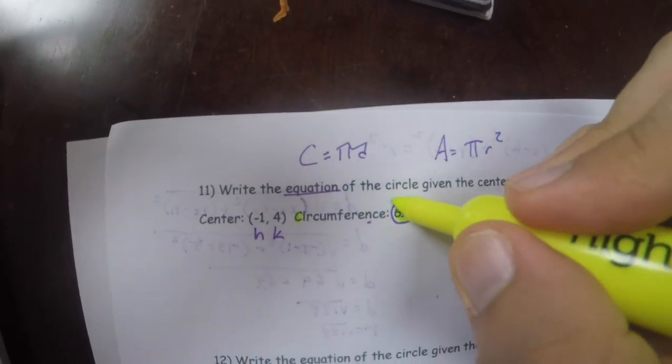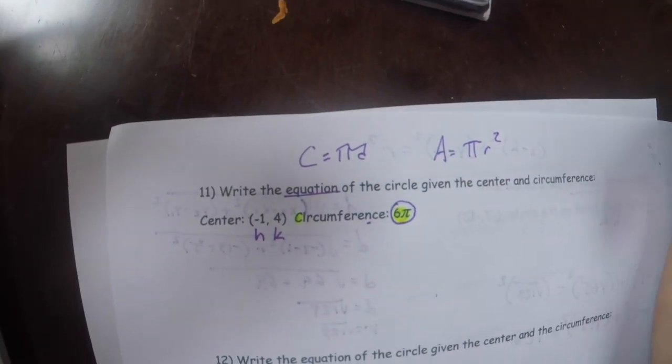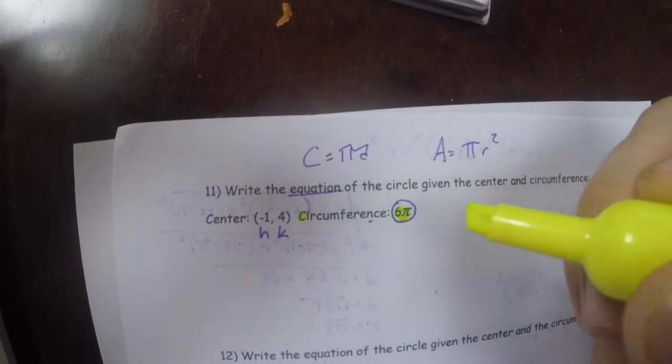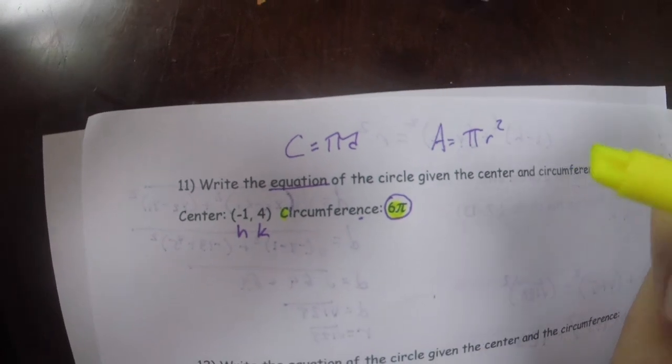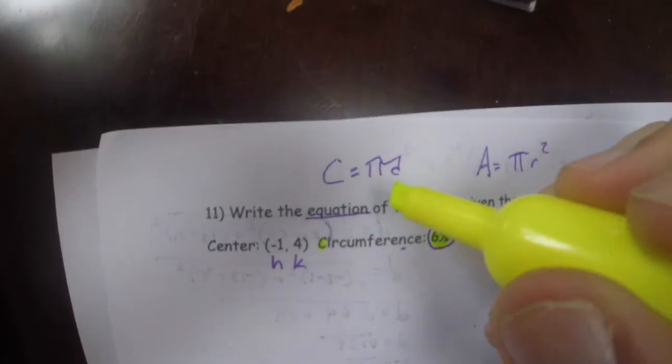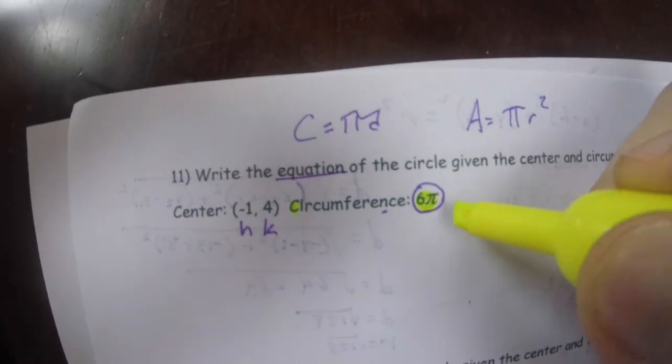So this here, since it's the circumference, I'm going to plug in 6 pi. My ultimate goal is to find the radius of this circle. I'm only given the circumference, so I'm going to use this formula here.